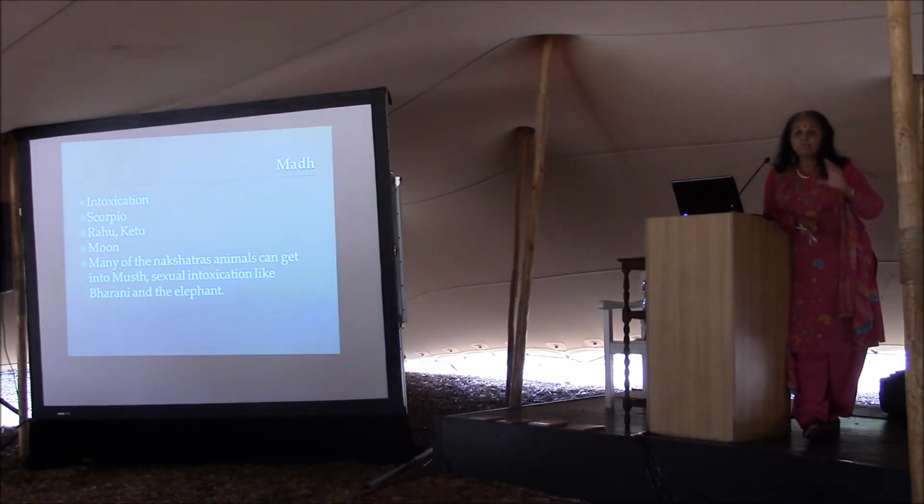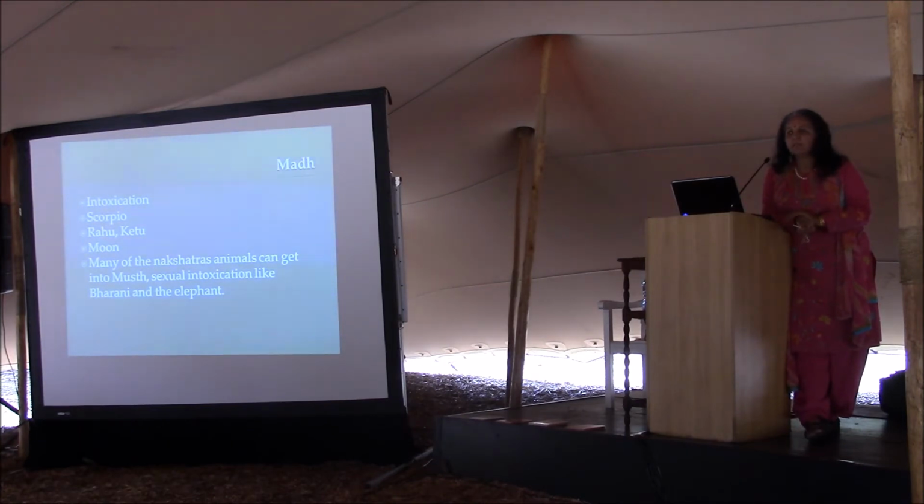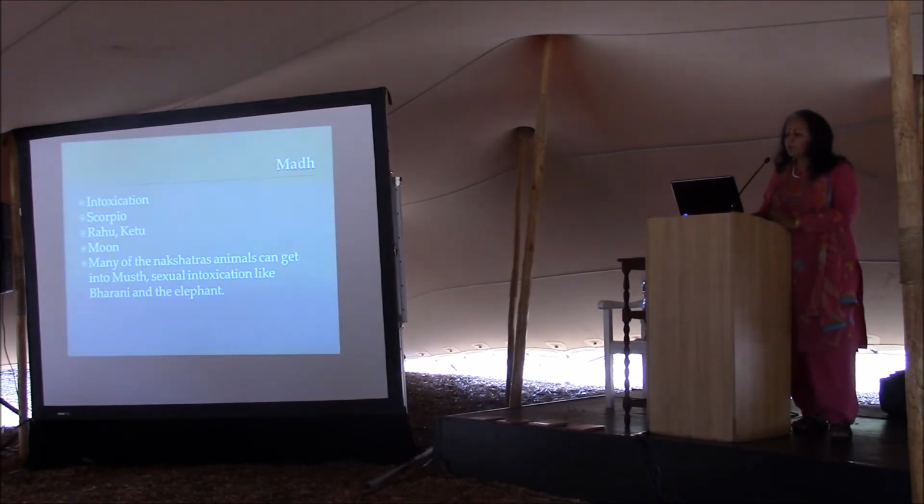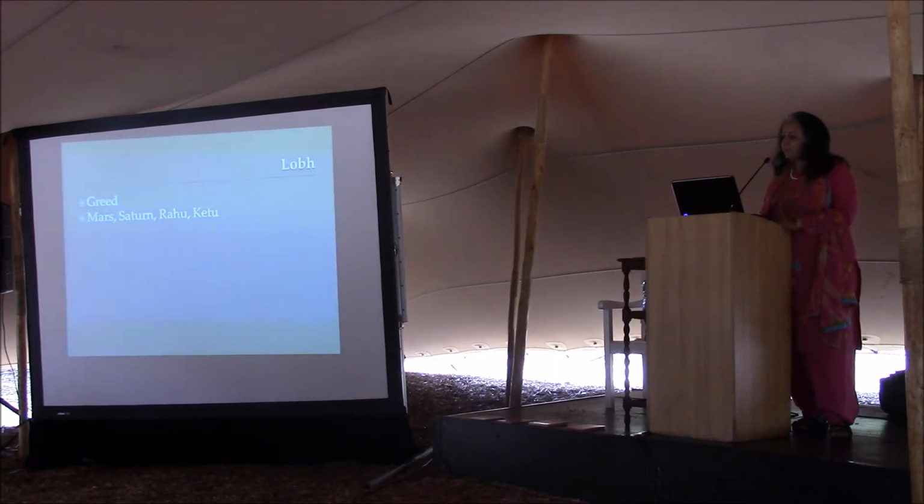A lot of animals in the wild, when they get into a state of mast, you can't control them. So that is connected to the Moon sign. But usually you don't see it so often unless the Moon is very troubled. We see that with Bharani and the elephant. Each nakshatra has two elephant representations, so you can see that.